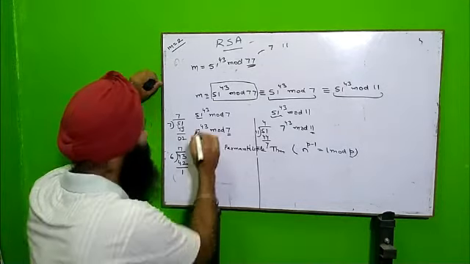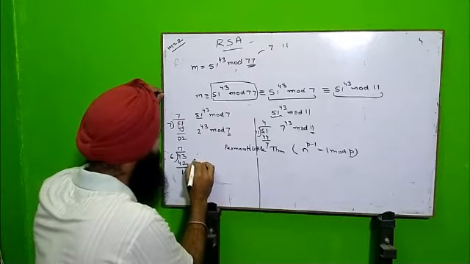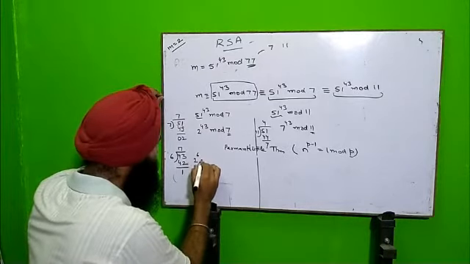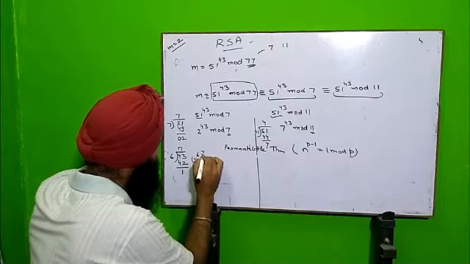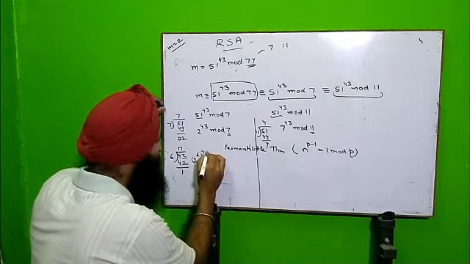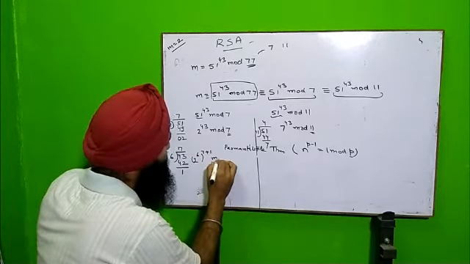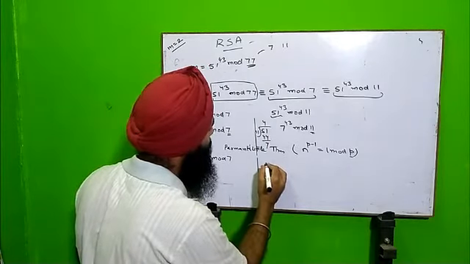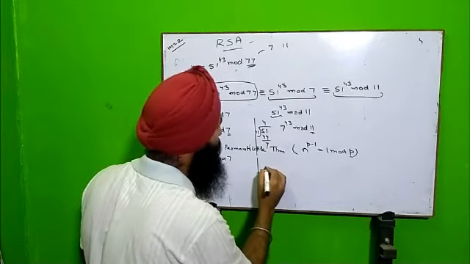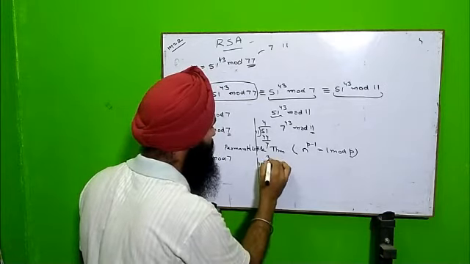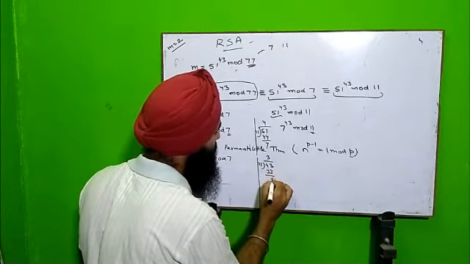So here I can write 2 raised to the power 6 into 7, plus 1, mod 7.